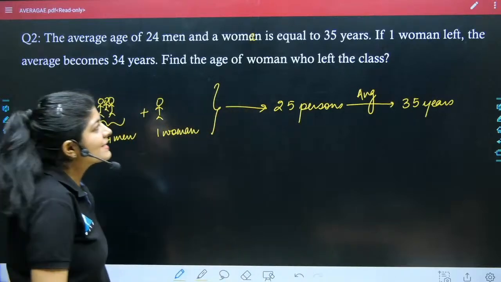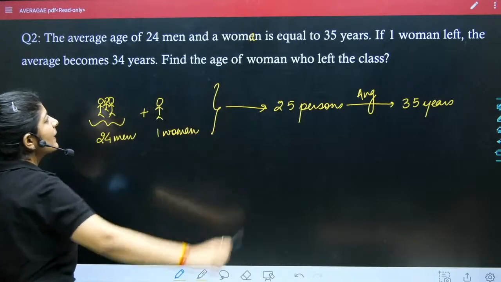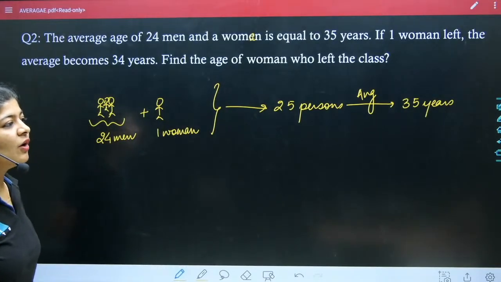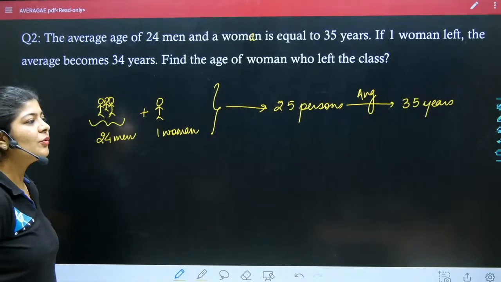Now it says, if this woman left the class, the new average will become 34 years. Now we have to find out the age of the woman. How do we calculate this?